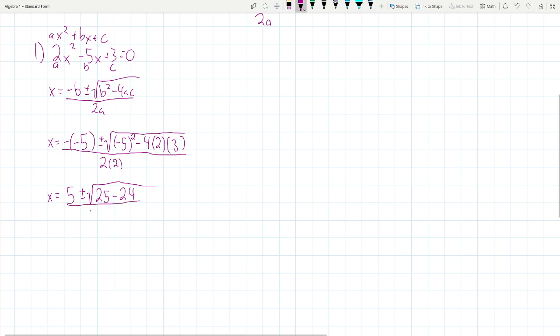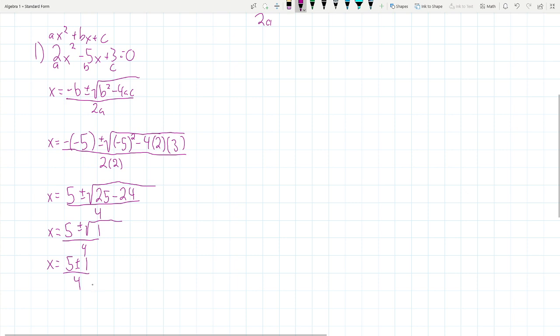All over 2 times 2 is 4. So my x equals 5 plus or minus the square root of 1 divided by 4, which is the same as 5 plus or minus 1 over 4.